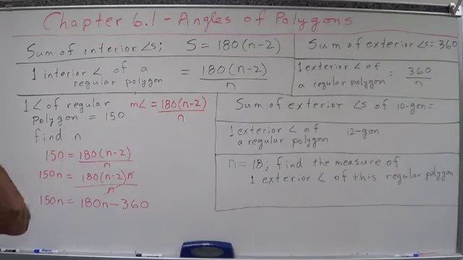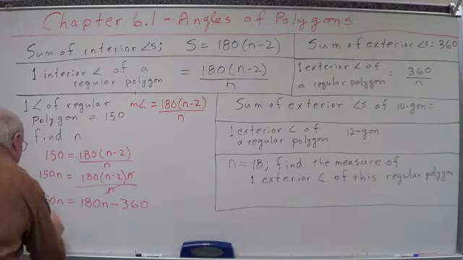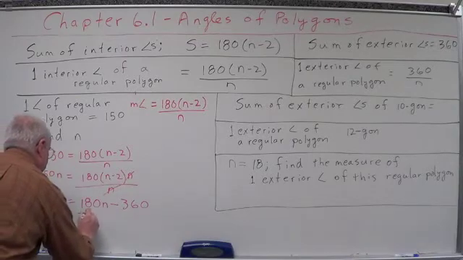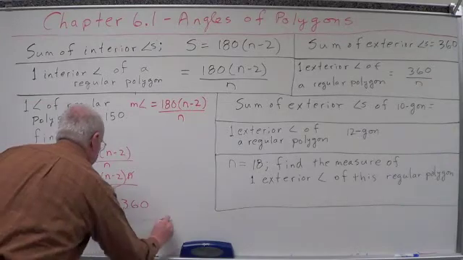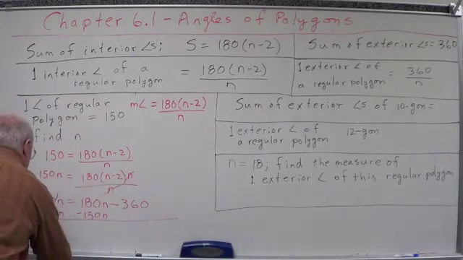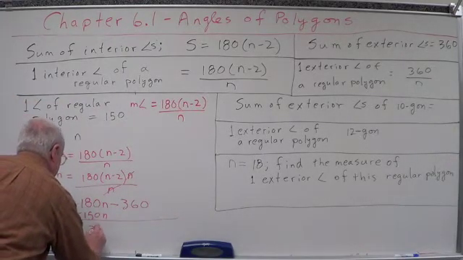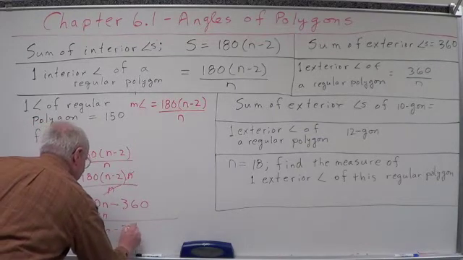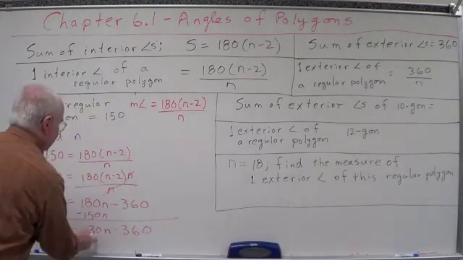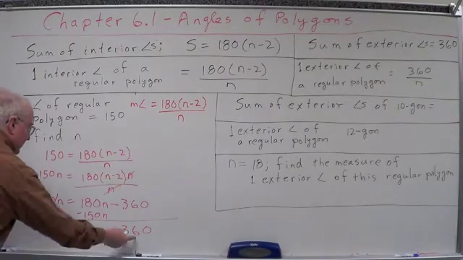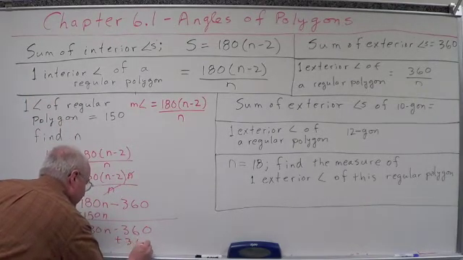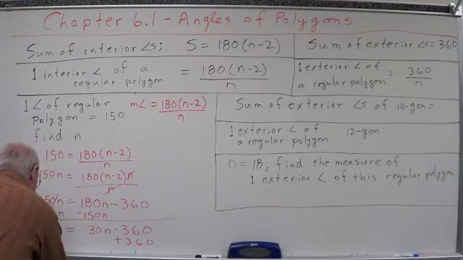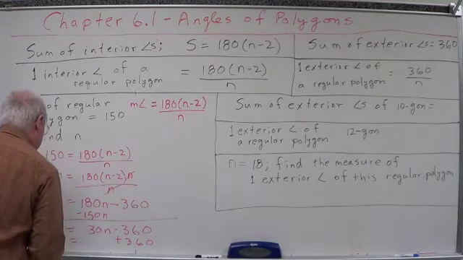Now let's subtract the 150n from each side. We get 0 equals 30n minus 360. I need to add 360 to both sides, don't I?